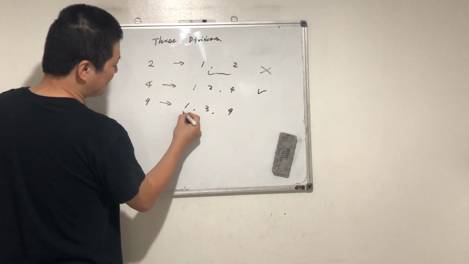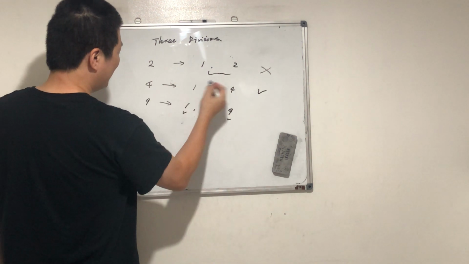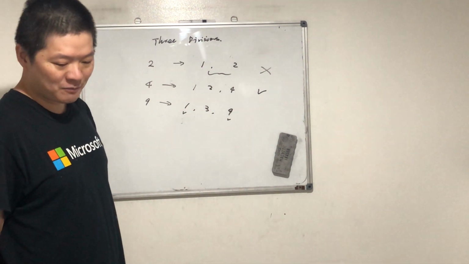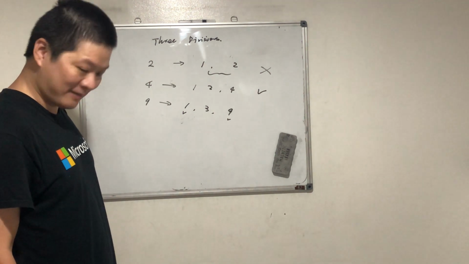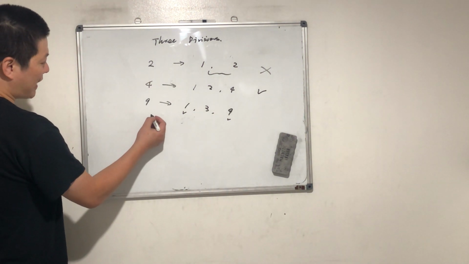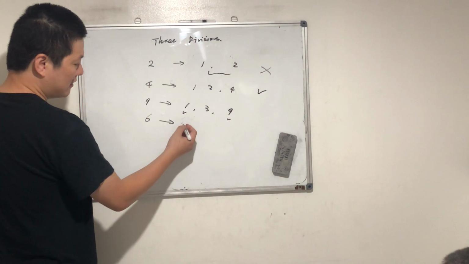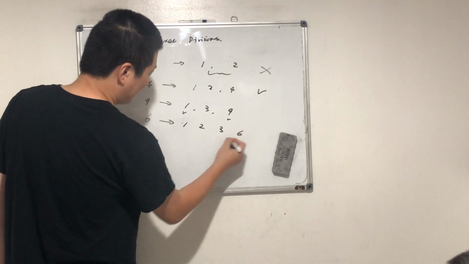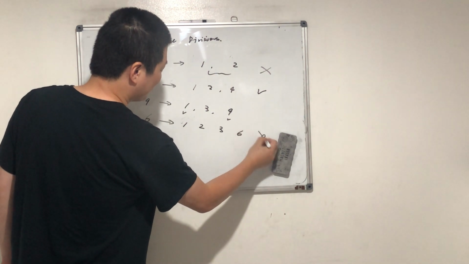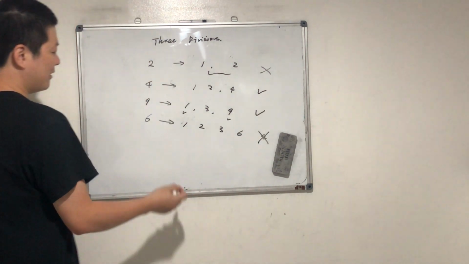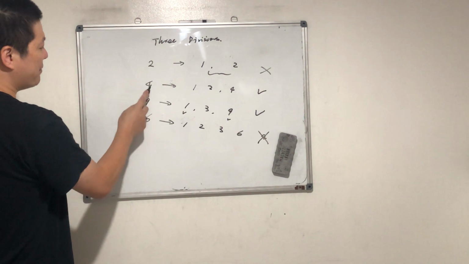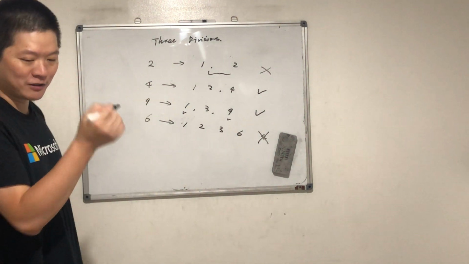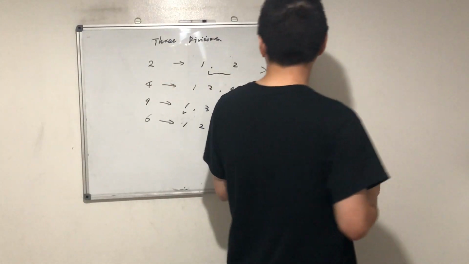See, it always has 1 and itself. But how about 6? 1, 2, 3, 6. So that's 4 divisors, which is not it. So if the input is 4 or 9, you tell me yes; otherwise it's false. Easy peasy.